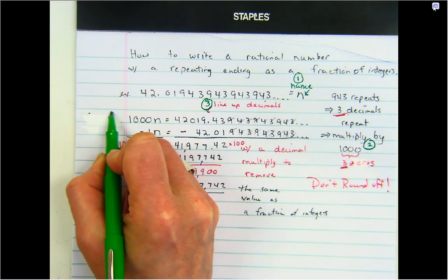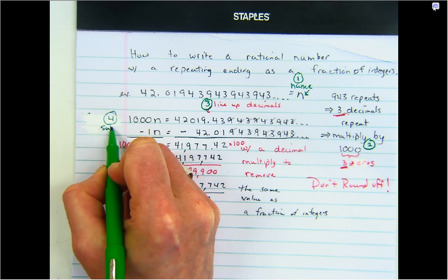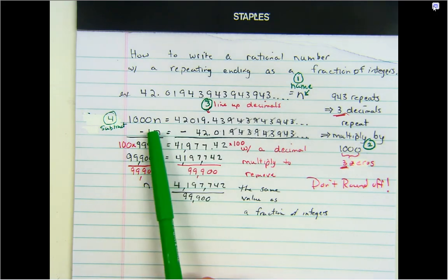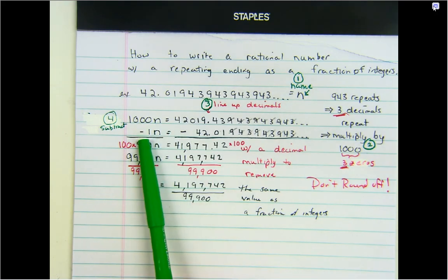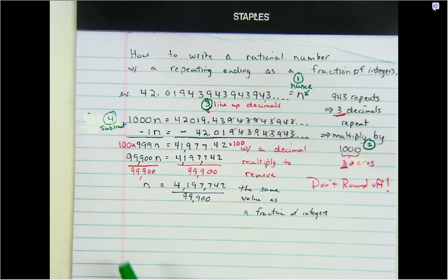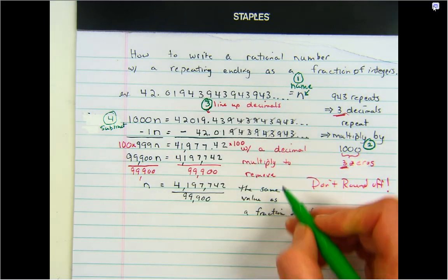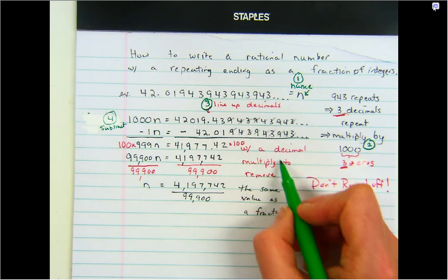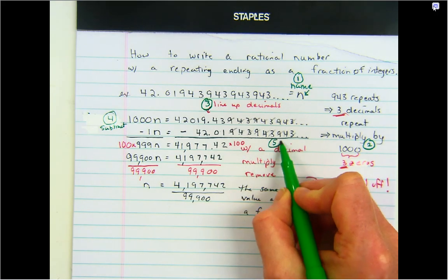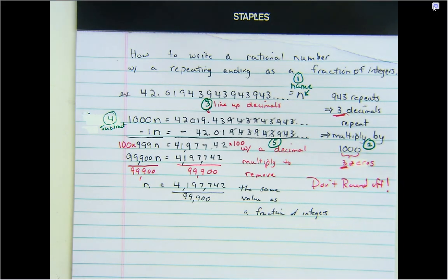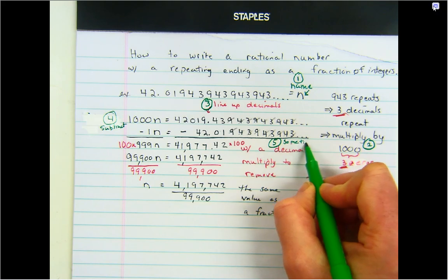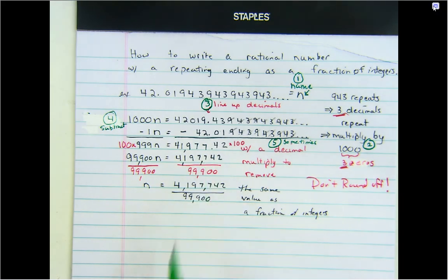And 4, subtract. Make sure as you line up the decimals, you're saying what those are equal to. This step 5 where you multiply by 100 to remove that decimal place, that only happens sometimes. So we'll say 5 sometimes. It's whenever there's still a decimal on your right hand side there.